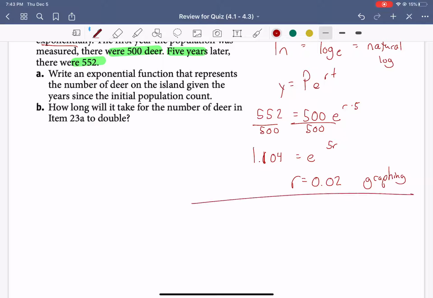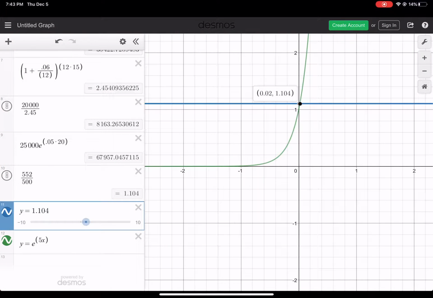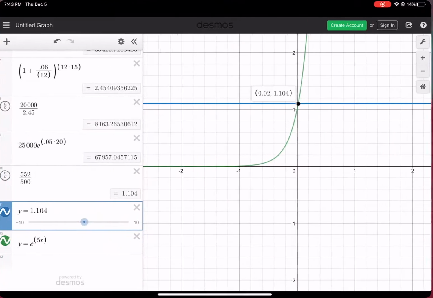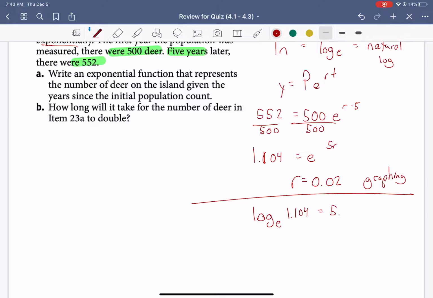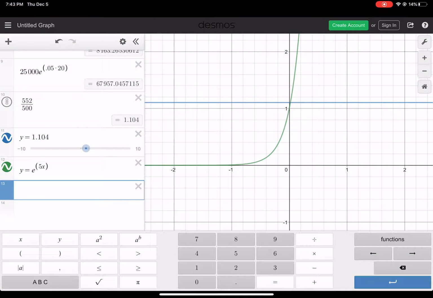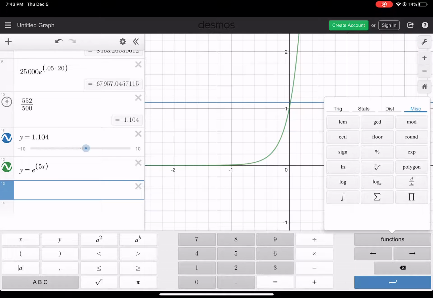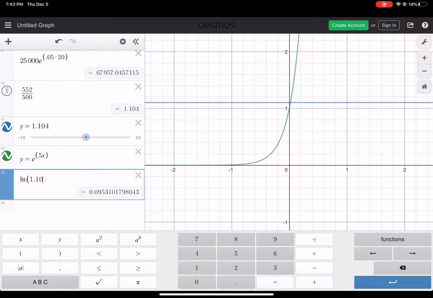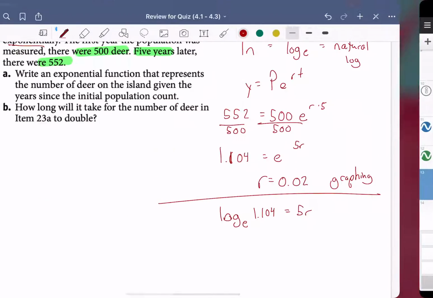If we wanted to use logs, this would turn into the natural log, which is log base e, and then we have to figure out what goes next. e is already next to 5r. We don't want 5r to still be next to e, so we want to put this here. Okay, and that is equal to 5r. So we can now use our calculator again and do our ln of 1.104, which is about equal to 0.0989.